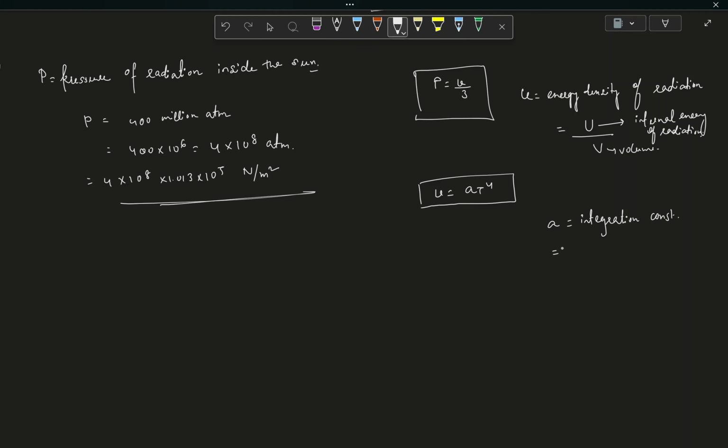So we'll be directly using that A equals 4 sigma by C, where sigma is Stefan's constant. So from here we can see that U equals 4 sigma T to the power 4 by C.